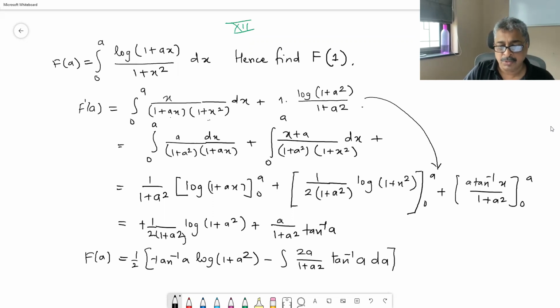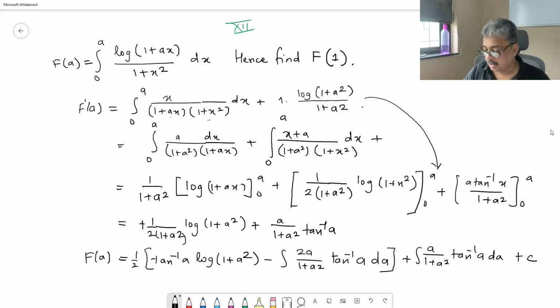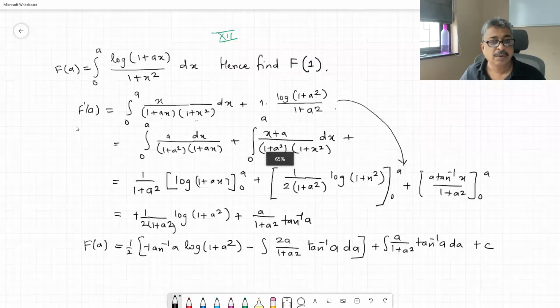This is the first part of the story, and plus integral a upon (1 plus a square) tan inverse a da, plus c. That is the second part of the story.